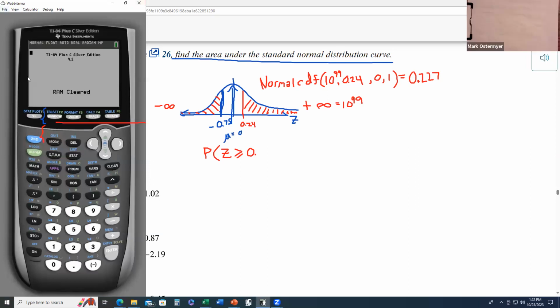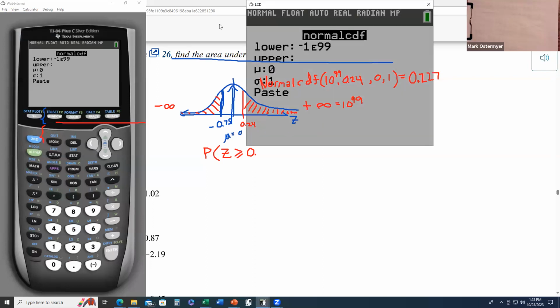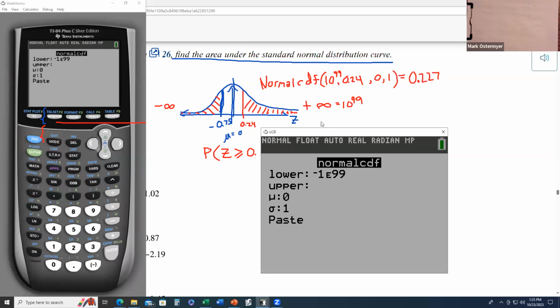Anybody get it? What area did we get there? All right, so your lower end point now is what?